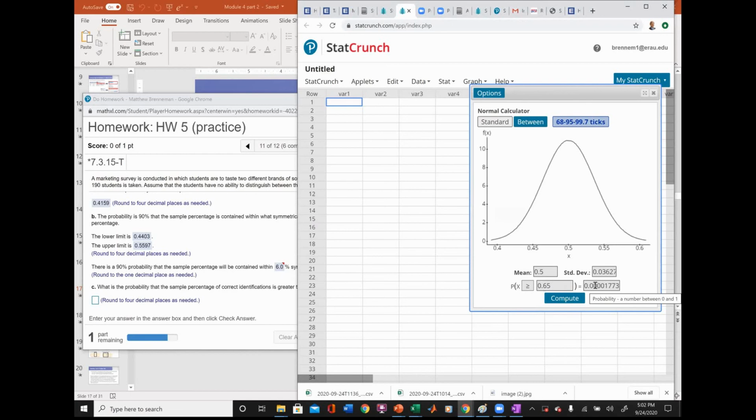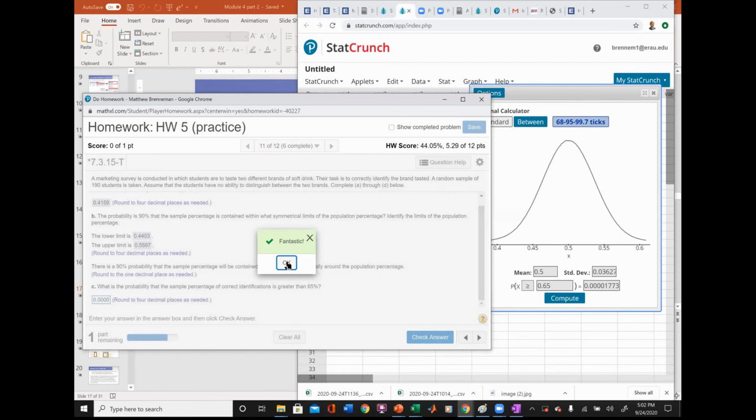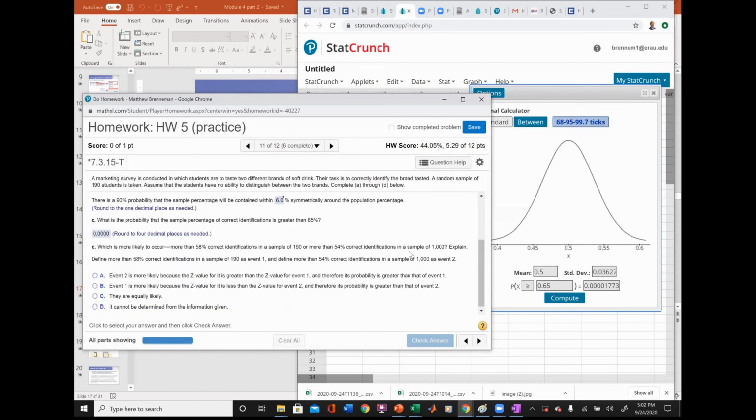Okay, so if we round this to 4 decimal places, we're probably going to get 0.0000. And we'll check and see. Whenever you get a really small answer, you should always think about whether you entered things correctly. That's why I went back and checked.